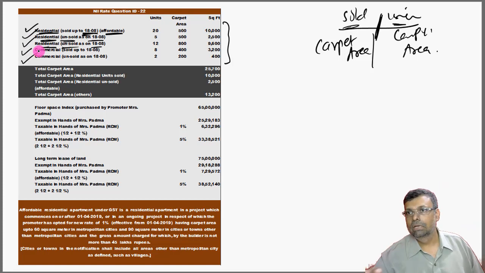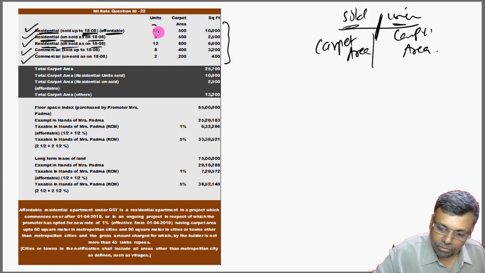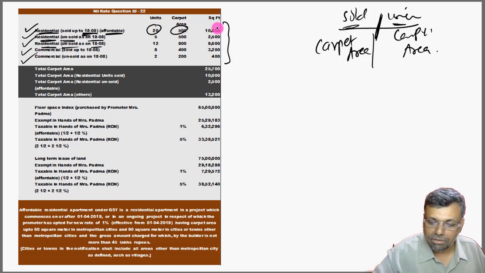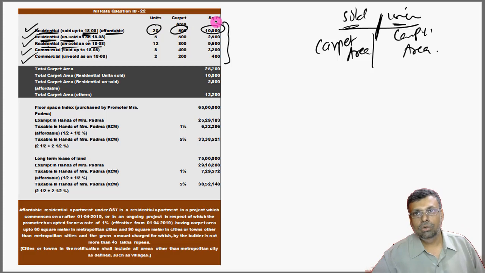So all the variety is given: the residential property transaction, unsold, sold, all total data given, and commercial property sold, unsold on the cutoff date, total data has been given. The number of units is given, carpet area per unit is given, and the total square feet has been given. So how many flats, how many units are there? What is the size of that particular unit? What is the total square foot carpet area? That total has also been given.